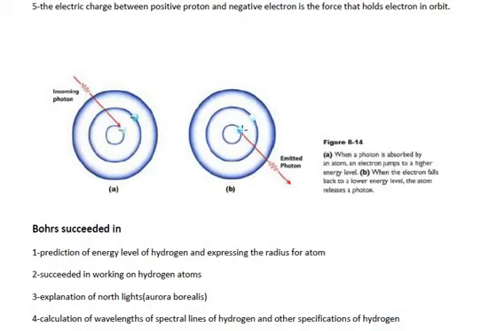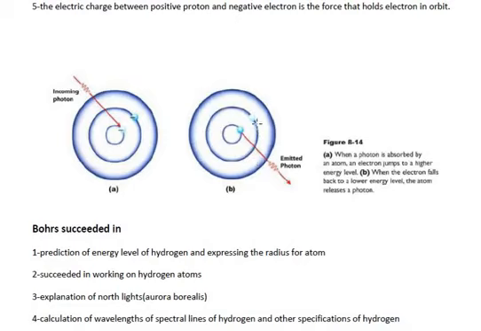And Bohr named those states. For example, this state, with the smallest radius, is called the Bohr radius. It is the state in an atom with the smallest radius. And this state, which an electron jumps to when it gains energy, when it absorbs a photon, is called the excited state.